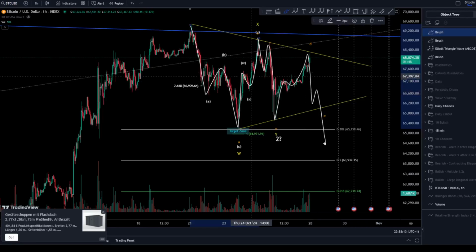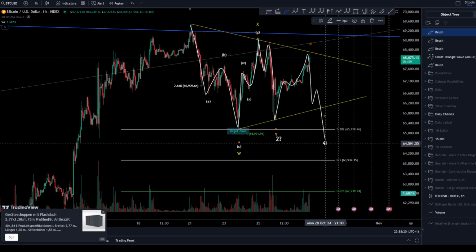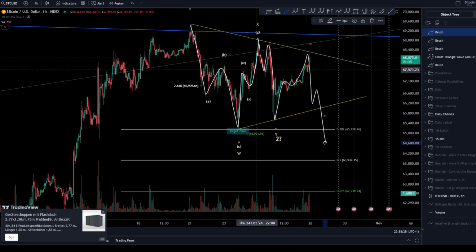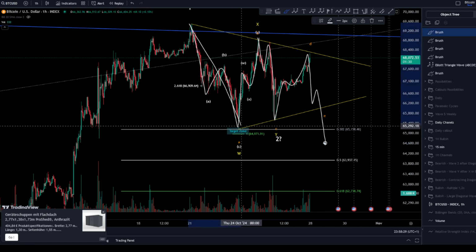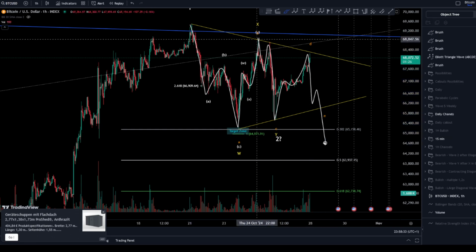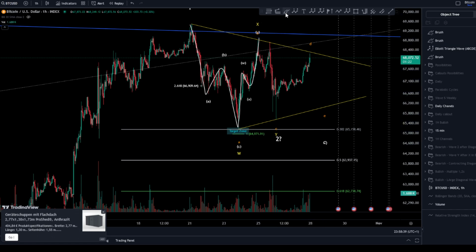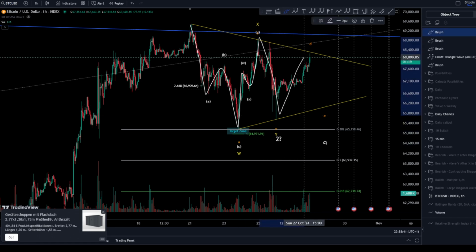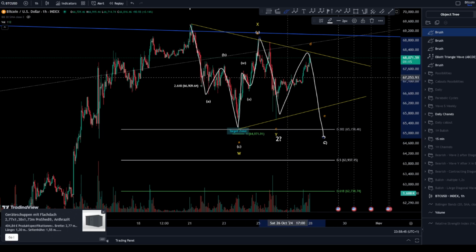So that makes it a contracting diagonal, as 1, 2, 3, because this is lower. So we are talking about 1 and then 2 and then 3, because your wave 3 might be this whole zigzag. So let me draw it again. This whole zigzag is your wave 3 in case we are in a contracting diagonal.